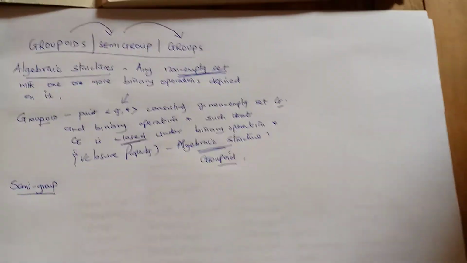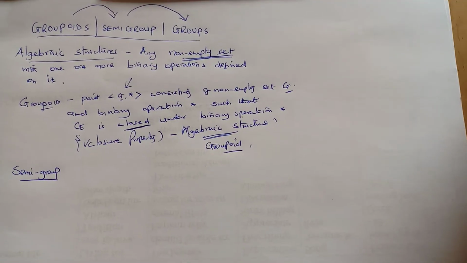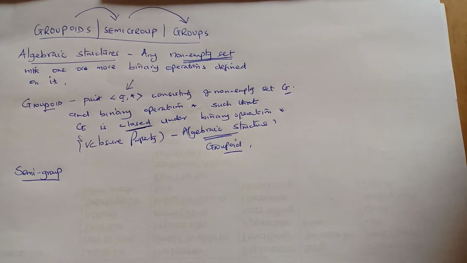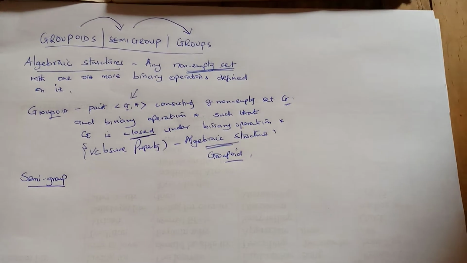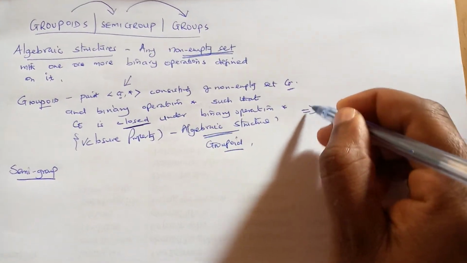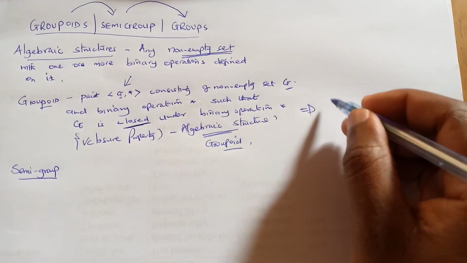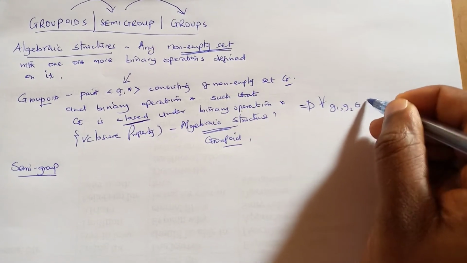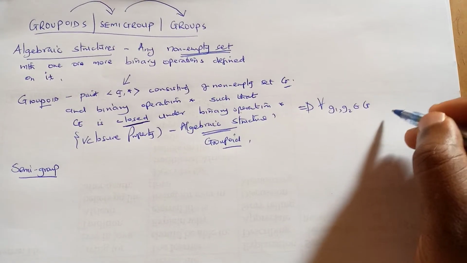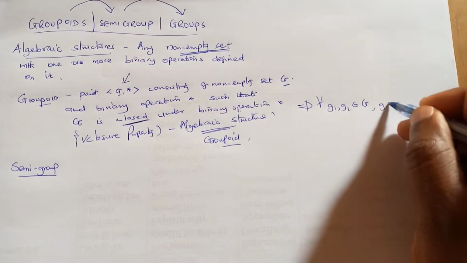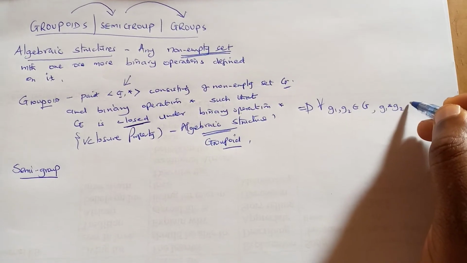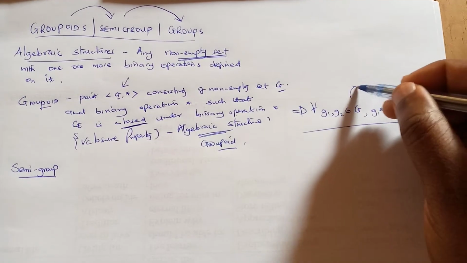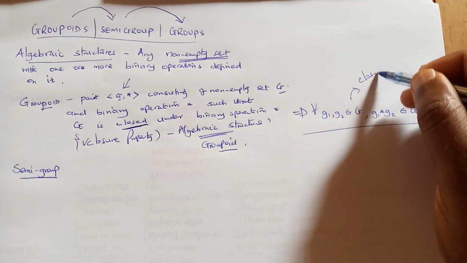Which kind of algebraic structure is this? We call it a semigroup. By definition, closure means that if we have G1 and G2 in G, then G1 star G2 will be in G. So this is actually the definition of the closure property.